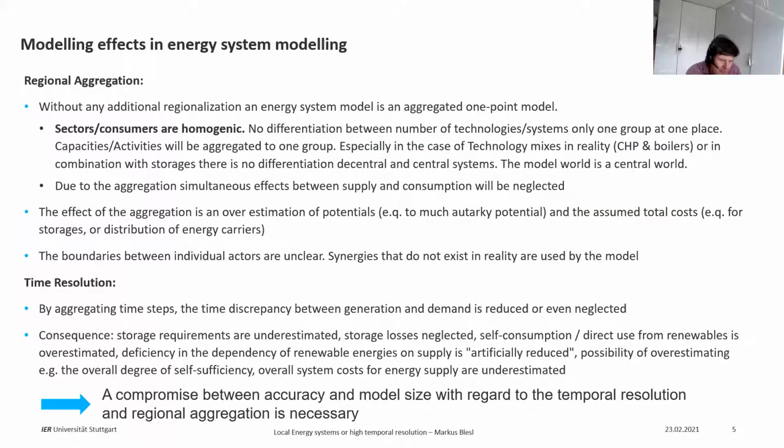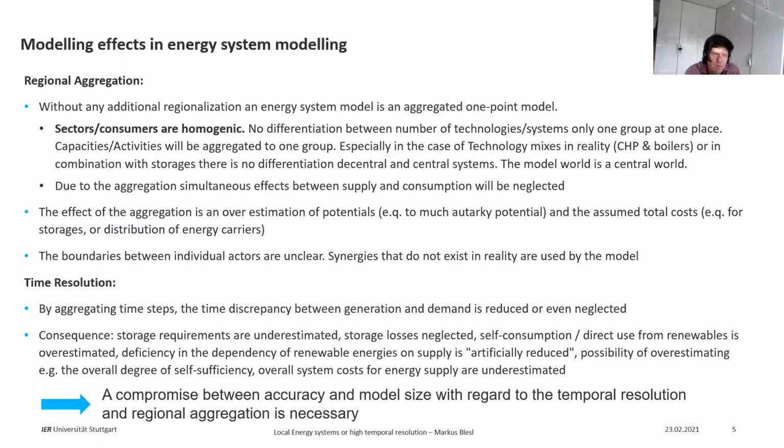What are the modeling effects, especially in energy system modeling related to regional aggregation? Without any regional aggregation in the energy system, you more or less have an aggregated one-point model. This means that you have more or less a homogeneous sector or consumer. You have no differentiation between numbers of technology systems.